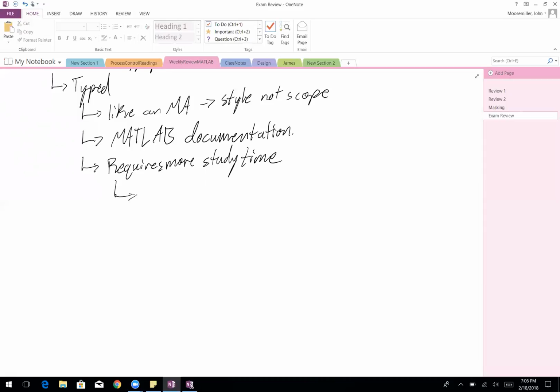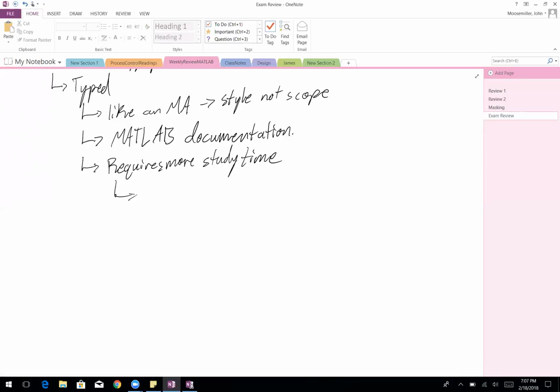The other thing is, for example, masking: you need to remember how to do masking and all the ways it can be used, but there's nothing that should be new to you. It's not like on my orgo exams, where I've had questions where I'd never seen a reagent used in a certain way before, and then suddenly it's on the exam. It's not going to be like that.